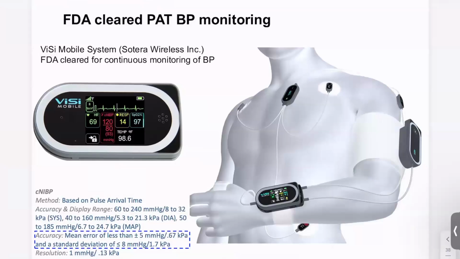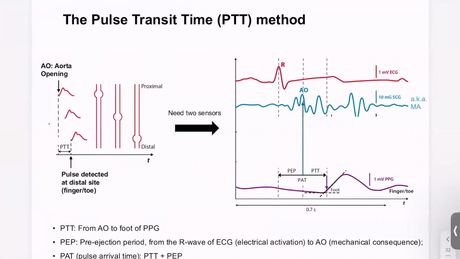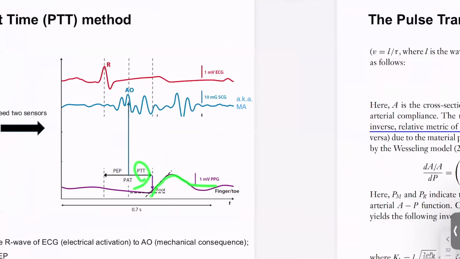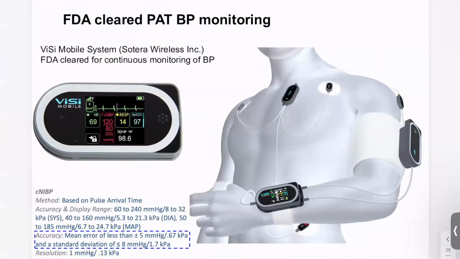So this is how you get a PAT. PAT is really the time between your R peak and the foot of your PPG. And PTT is the time between your aortic opening, detected by mechanical acoustic sensing, and the foot of your PPG. That's PTT. So come back to this, because we are a little bit rushed.